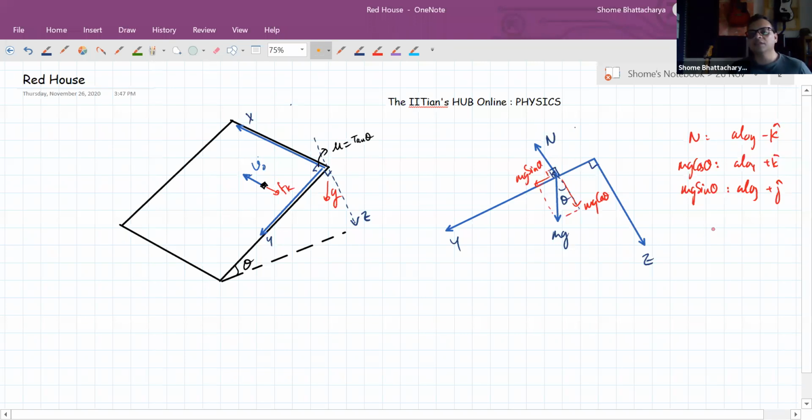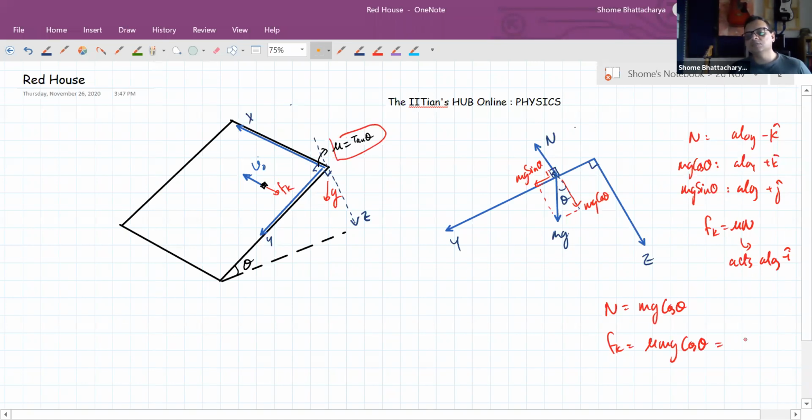Along with that, there will be kinetic friction of mu N, but which direction does it act? It acts along minus i cap, so I can't see that in this diagram. From this diagram I can understand that N will be equal to mg cos theta, and kinetic friction will therefore be equal to mu mg cos theta. Since mu is equal to tan theta, it will be equal to mg sin theta.